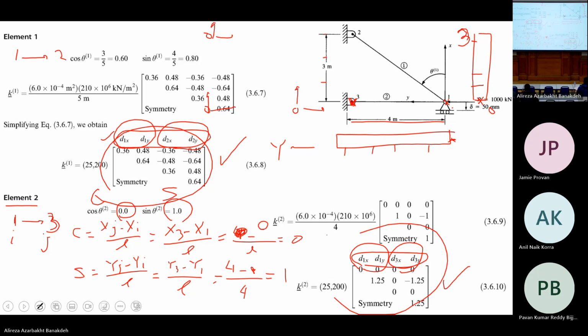So, for example, which one? This one, minus 1.25. Where does it go? Because it's D1x, D1y, it goes to the column D3y and row D1y.